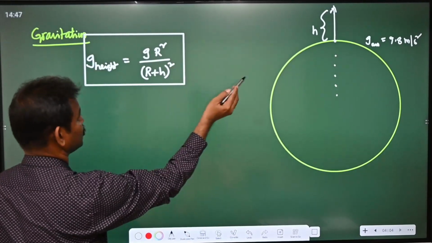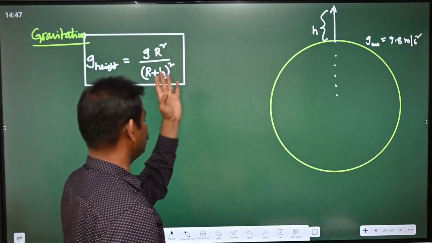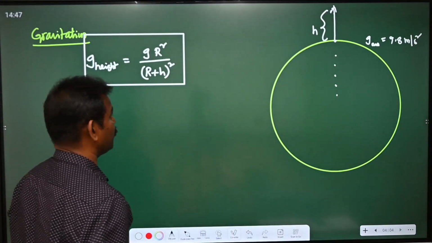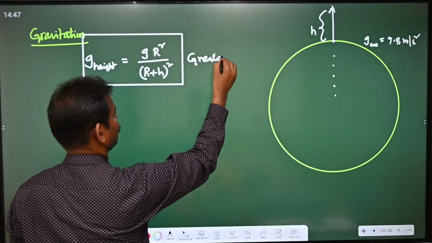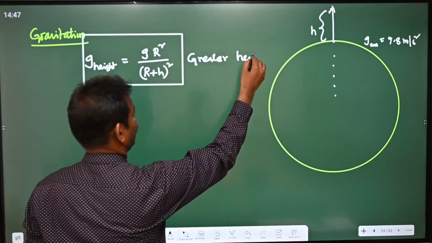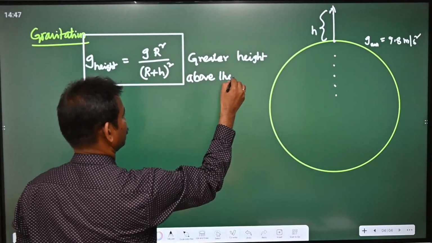Now, in this case, if the height is 1000 kilometers, 2000 kilometers, then you can use this formula. This is the formula for greater heights above the surface of earth.